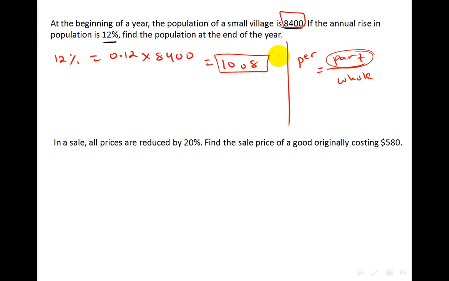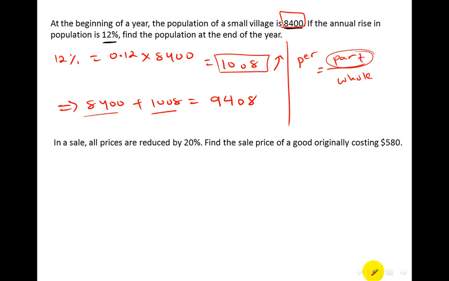This 1,008 is the increase, but what is the final or the new population? You have to add the original one with the increase. Once they are added, you find 9,408.